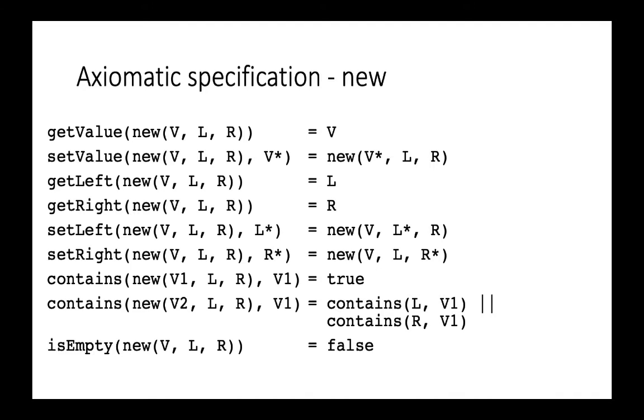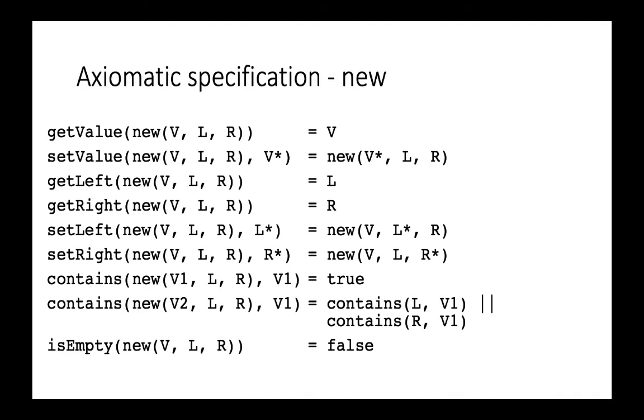I know v1 doesn't equal v2 because I use different identifiers. Looking for v1 in something that starts with v1 obviously is true. But the point is that when I'm looking for something that is not at the root, I can recursively define it as, well, it might be on the left or it might be on the right. So look there, and if that's true, then great. And if it's false there, then look on the other side. And if that's true, it's great. And otherwise, if it's false on both sides, it's false. This tree does not contain that value.